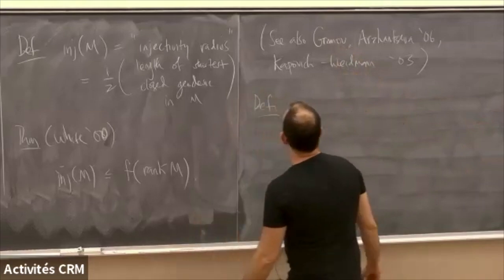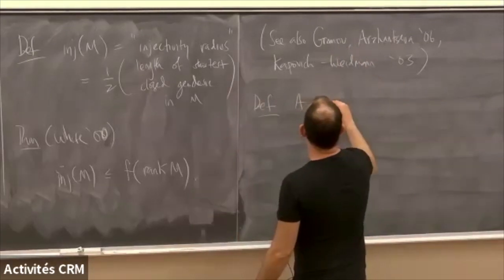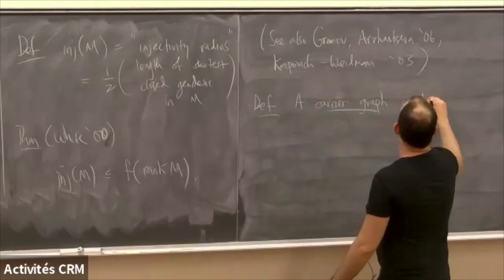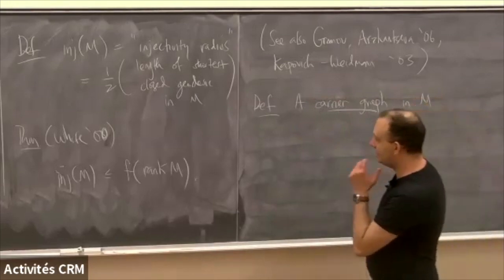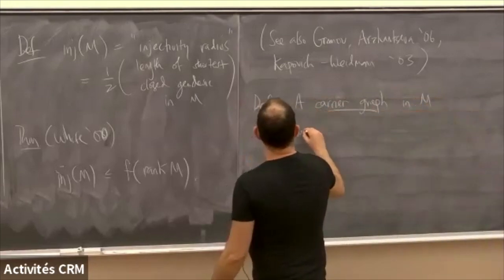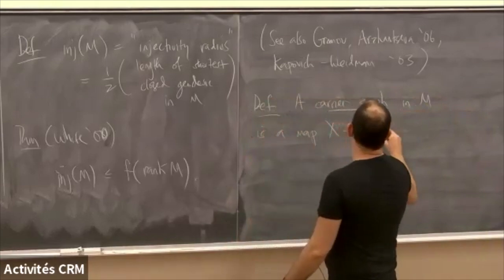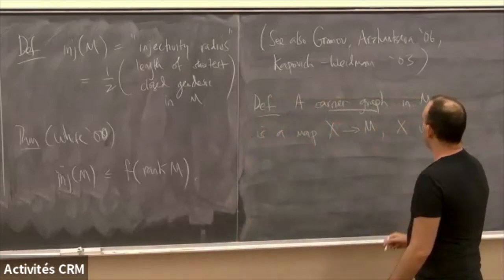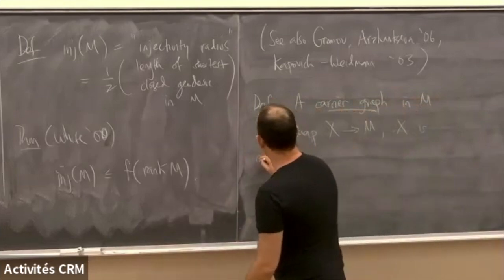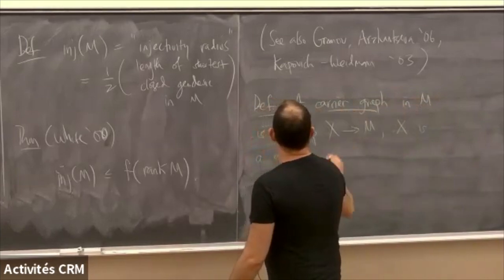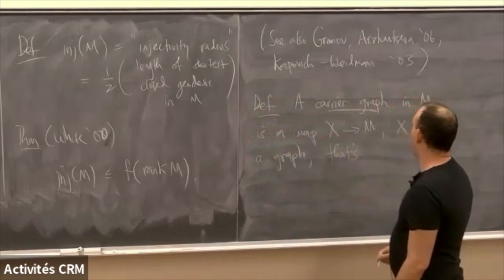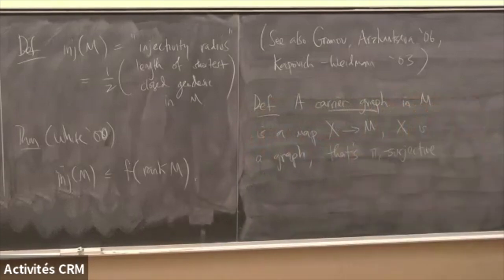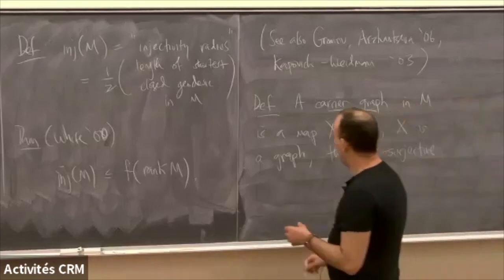So, a carrier graph in M is really a map X to M, where X is a graph, and I want this map to be pi1 surjective.